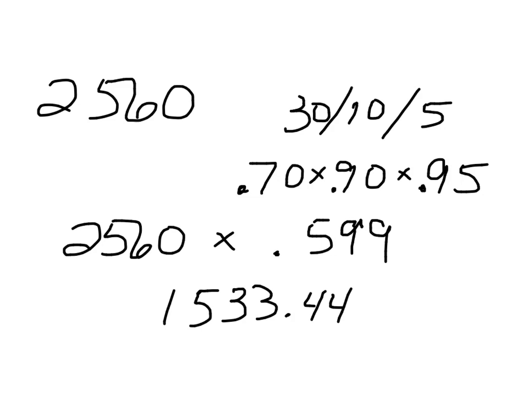Now, just a little information about that too, just so that you guys know. When the book made this answer, they carried it out one more decimal place. So they didn't go 0.599, they went 0.5985, which, Kayla, you said you rounded up anyway. So the number is a little bit different. It's within $1.